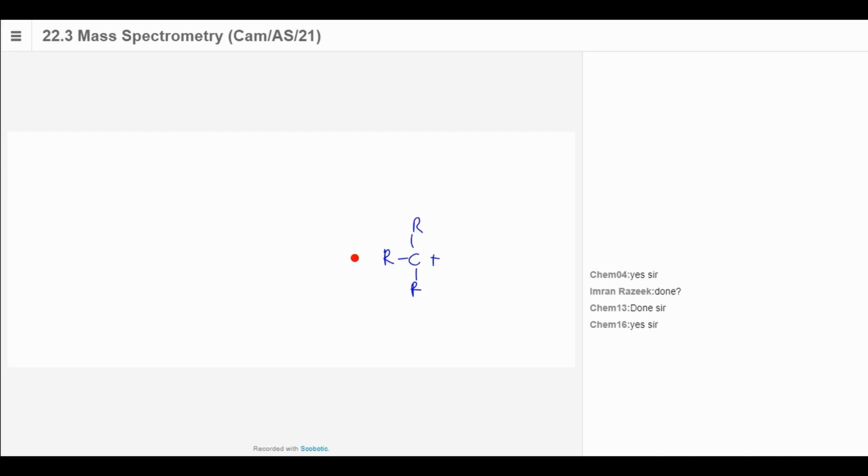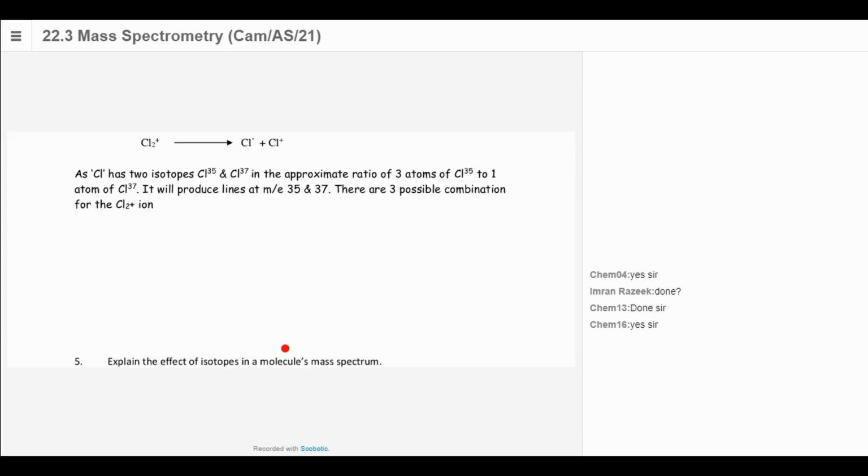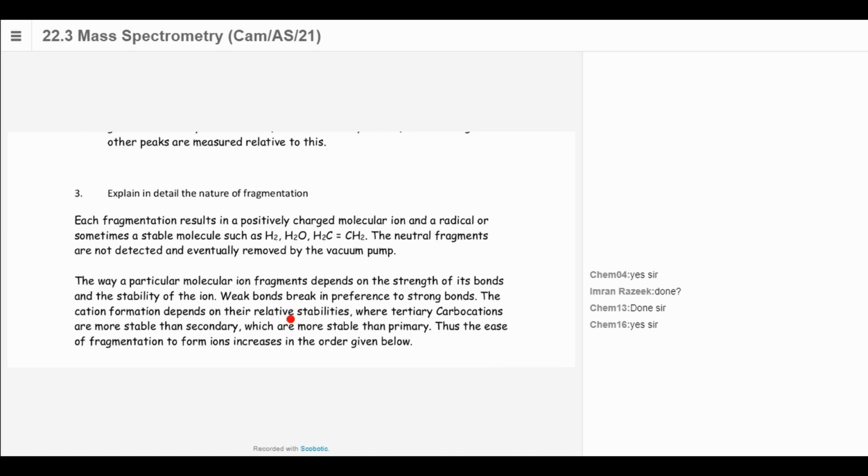So tertiary carbocation, we know it's more stable than secondary, and we know secondary carbocation is more stable than primary, right? So always, when it comes to complex organic molecules, fragmentation occurs so that it results in a more stable carbocation.